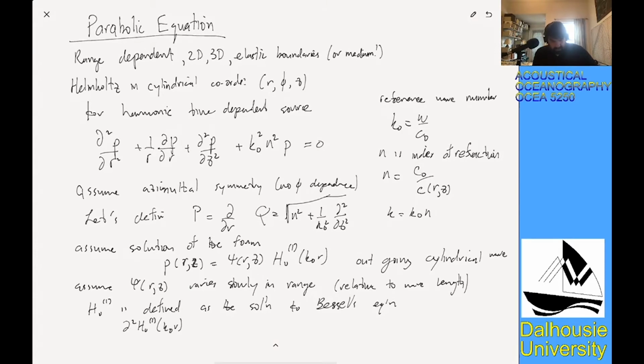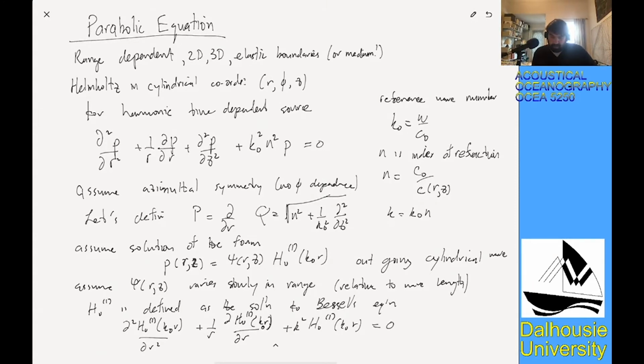In other words, if you take d by dr squared of it in cylindrical, and then you add k squared times that, you get 0.